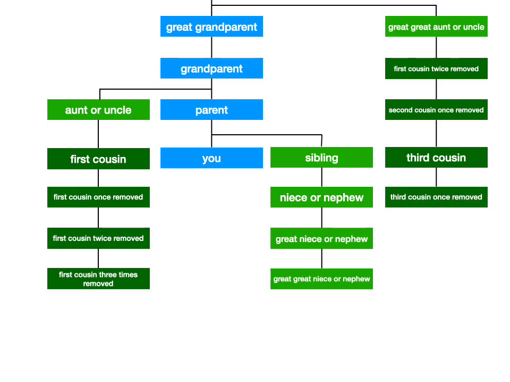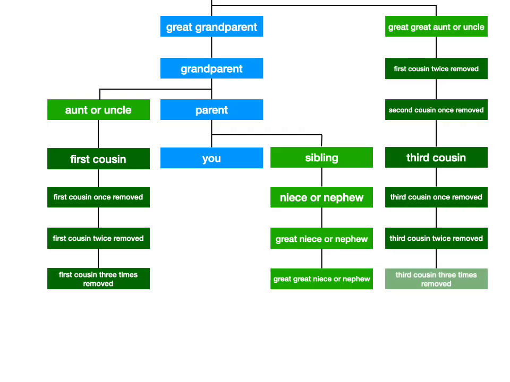And so too with any other cousin, whether it's first cousin, second cousin, third cousin, whatever it may be. The child of that person is 1 degree removed from that person. So your third cousin's child is your third cousin once removed. Your third cousin's grandchild is your third cousin twice removed, because it's 2 generations back to the third cousin. And the third cousin's great-grandchild is your third cousin 3 times removed.